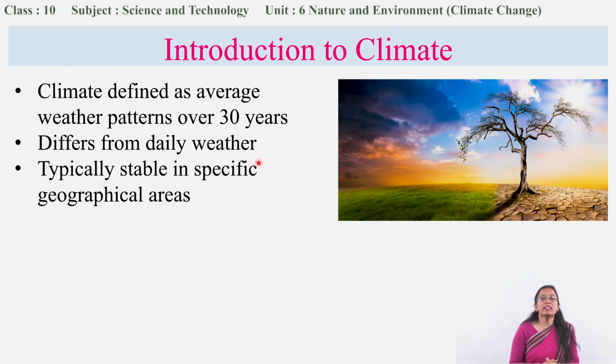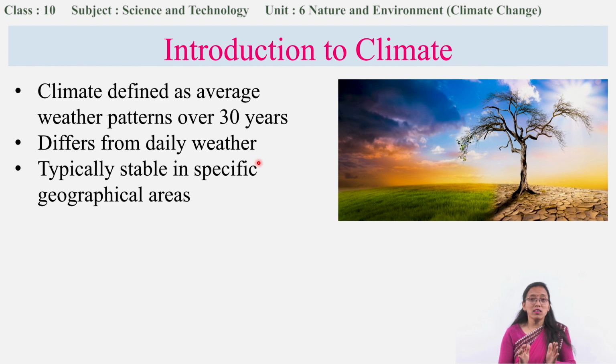Climate is typically stable in specific geographical areas. That means in a particular geographical area, it is stable. Just like in the polar region, the climate is similar, and in the desert region, the climate over 30 years is also not so different.